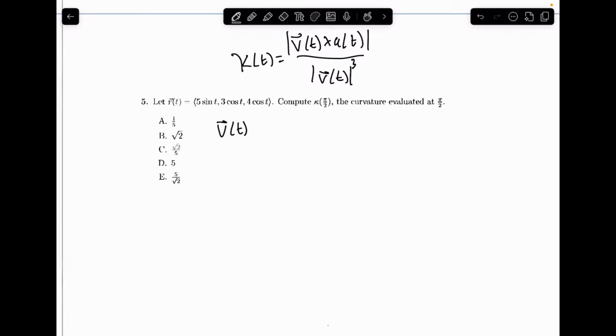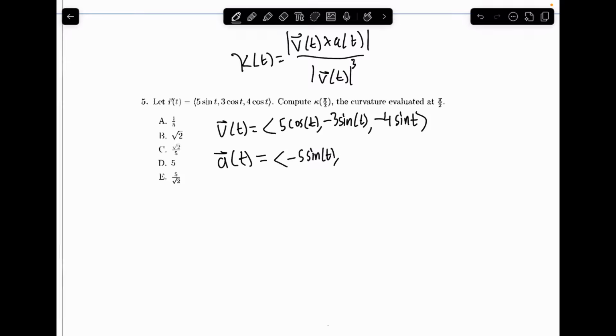So v of t is going to be the derivative of the components. So we have 5 cos t, -3 sine t, and -4 sine t. Okay, and a of t is going to be the derivative of v of t, which is going to be -5 sine t, -3 cos t, and -4 cos t.